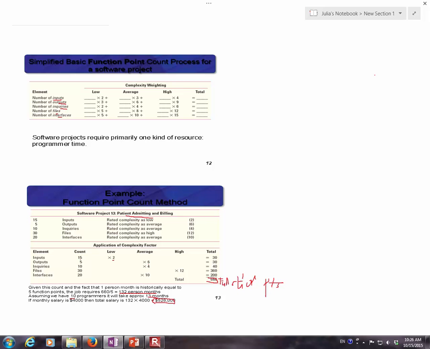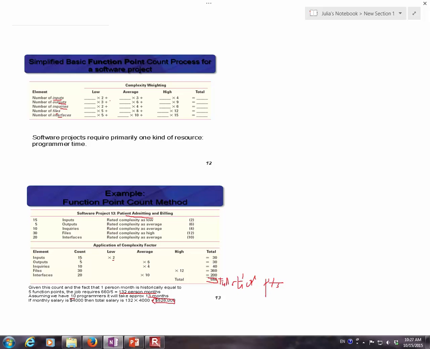If you look at slide number 12 in Chapter 5, this table is a standard simplified basic function point count table for a software project. Look at the parameters: we have the number of inputs, and you should also know the rated complexity level for the inputs.